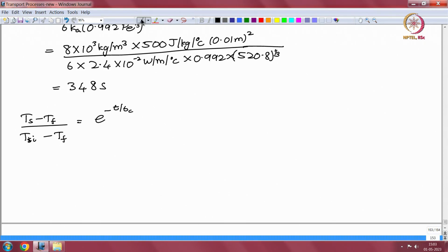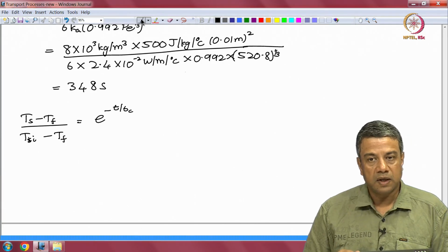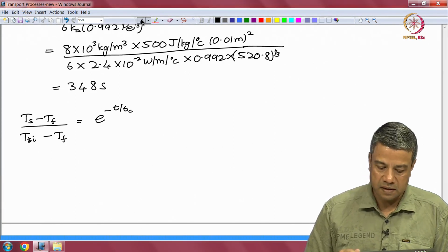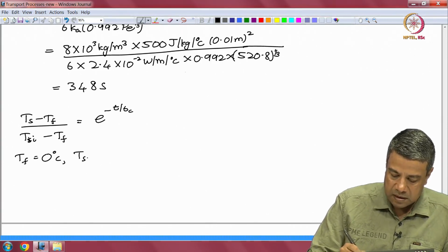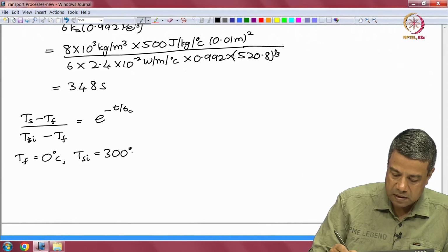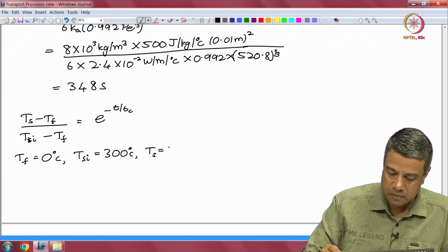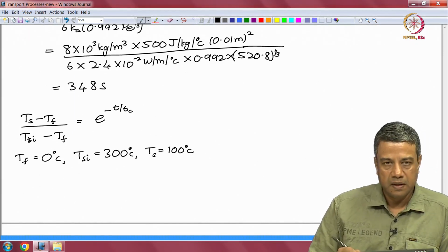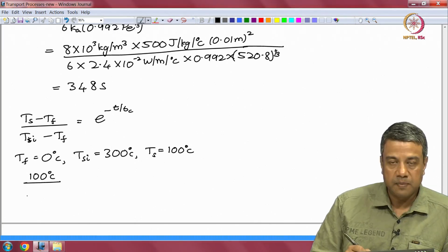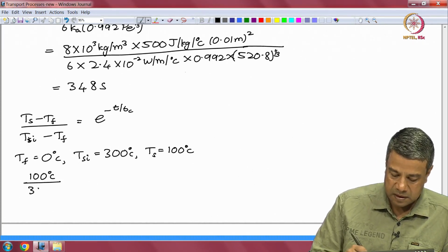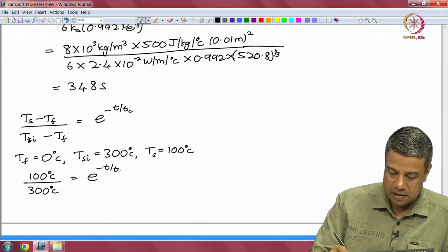Now, we have to calculate the time taken for the sphere temperature to go from 300 degrees centigrade to 100 degrees centigrade when the fluid temperature is 0 degrees centigrade. So, therefore, T fluid is equal to 0 degrees centigrade, the initial temperature is 300 degrees centigrade, the final temperature is 100 degrees centigrade, which implies that 100 degrees centigrade divided by 300 degrees centigrade is equal to e power minus t by Tc.